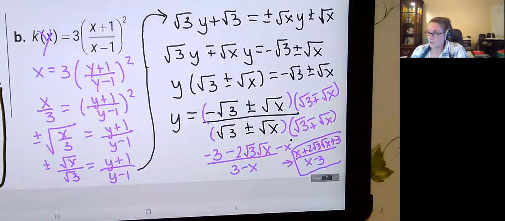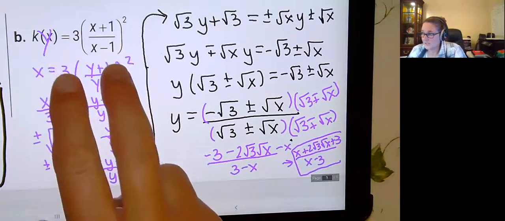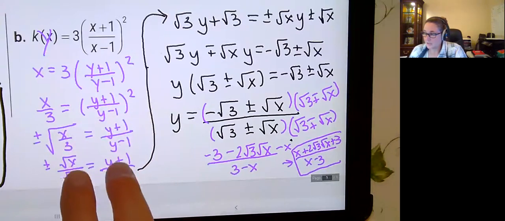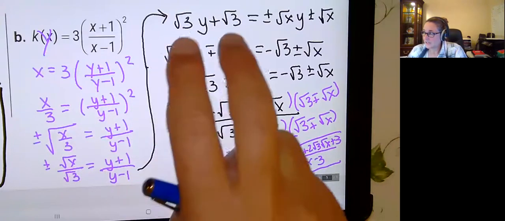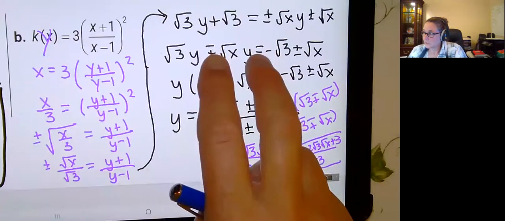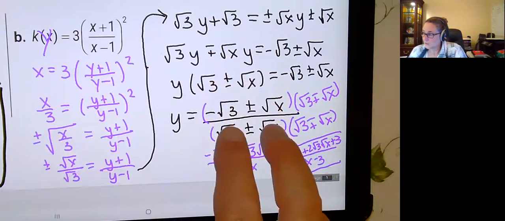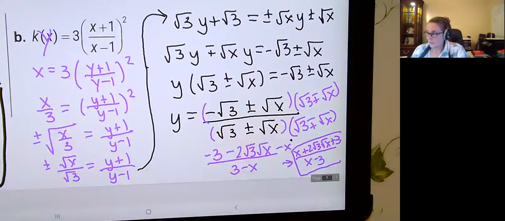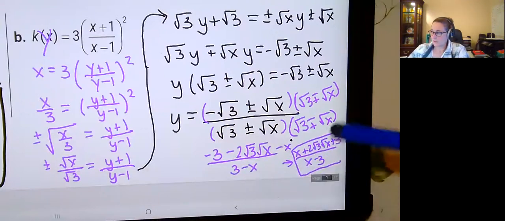Your main focus for these is being able to switch your x and y and get your y by itself. I think that the process of this, you should be able to get to here. This in purple here, that would be extra.